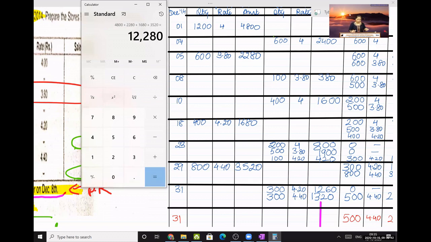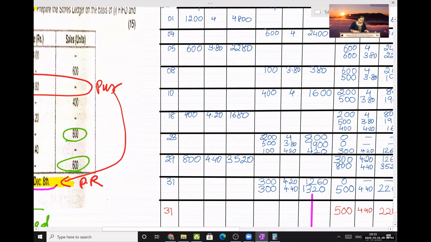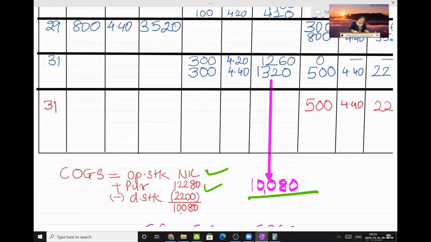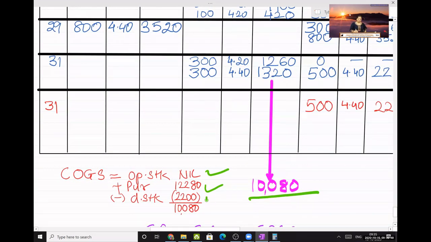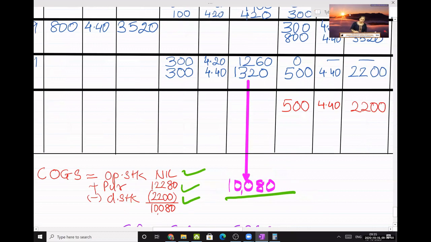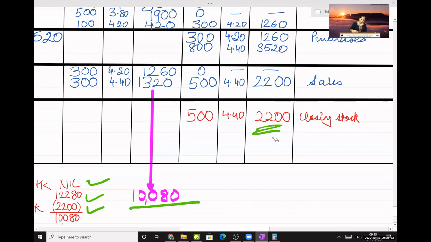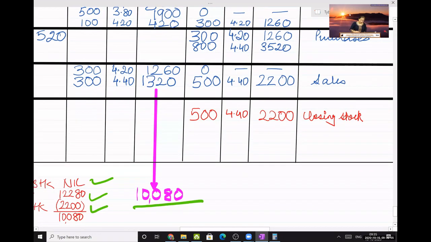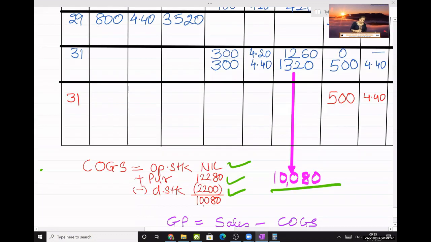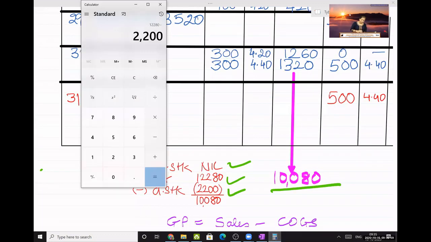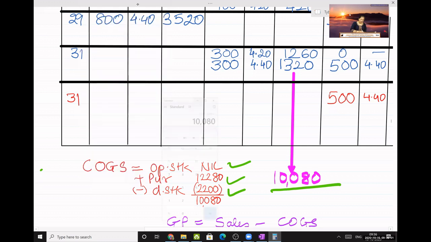So 12,280 is my purchases. Write it here, and then subtract the closing stock. How much was closing stock? 2,200. So 12,280 minus 2,200 is 10,080. Obviously, this answer has to match with this answer. Correct?